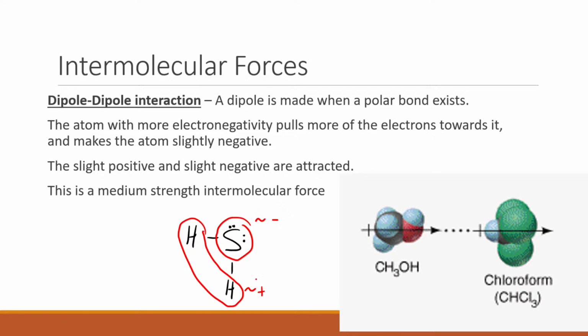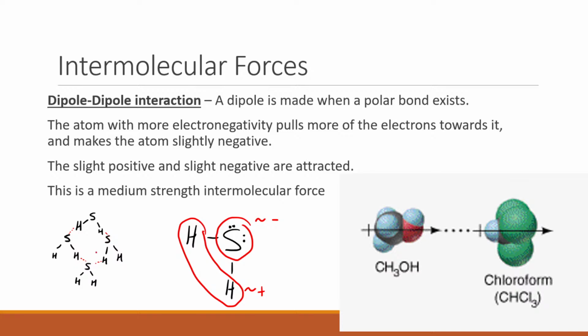And because of this semi-charge that exists now, when I put a bunch of H2S's near each other, the S is going to be attracted to the H. The H is going to be attracted to an S. And so on top of the dispersion forces that these things have, on top of the fact that they're stacked one on top of each other, there's also this magnetic attraction that exists between the sort of negative side and the sort of positive side.